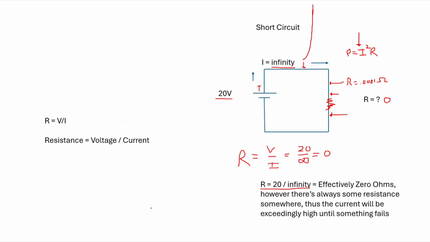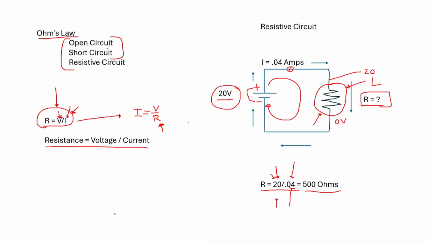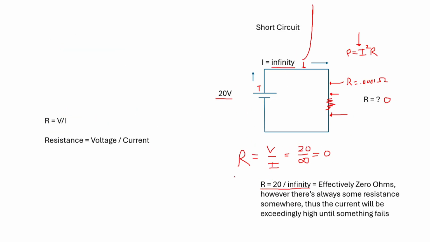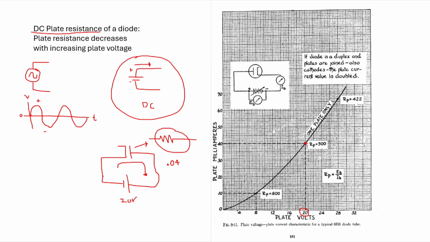Now, let's go back to this first example. That's exactly what this first example was. So we can calculate the resistance to be R equals 20 divided by 0.04, and we get 500 ohms. So that diode is acting like a 500 ohm resistor at that point.